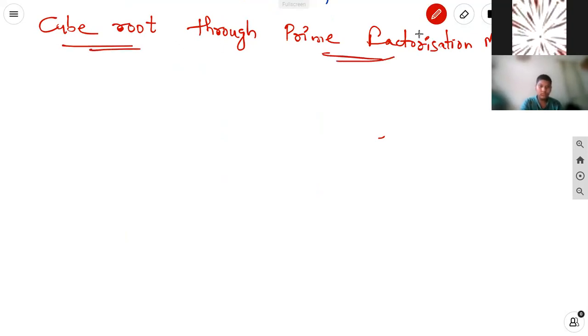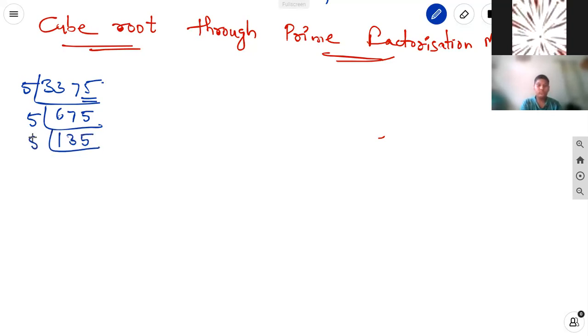Prime factorization method means I am taking one example here. 3375 is there. Through the prime factorization, we take the 5. Why? Because 5 is in the units place. 5 ones are 5, 5 twos are 10, 5 threes are 15, 5 fives are 25, 5 sixes are 30, 5 sevens are 35. 3 threes are 9, 3 nines are 27.